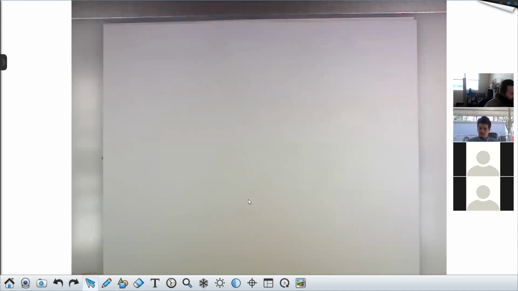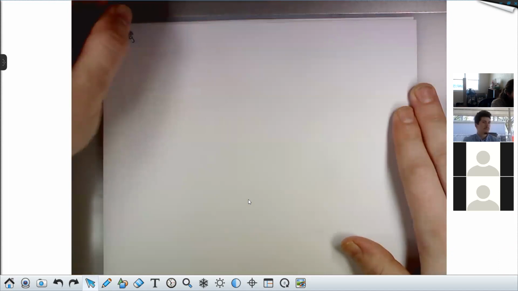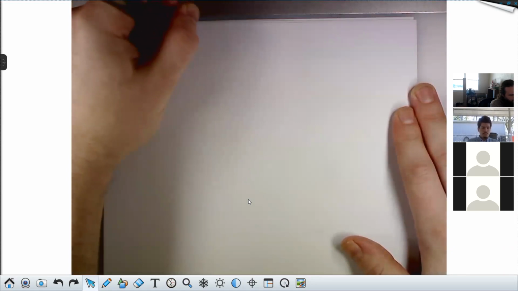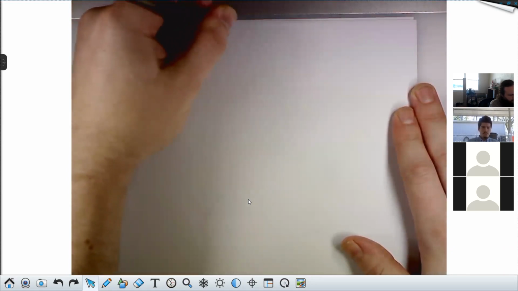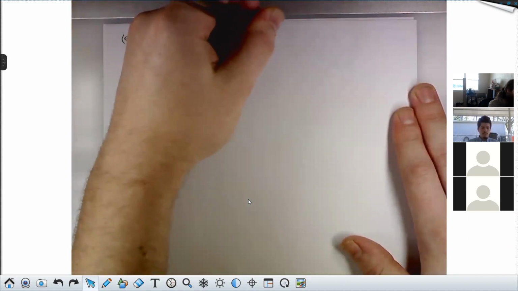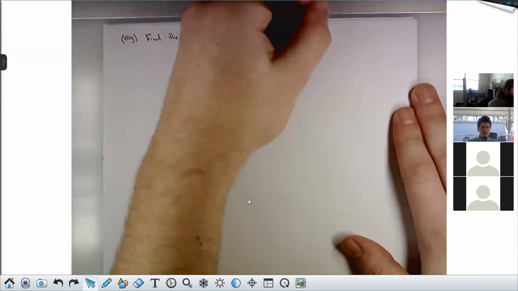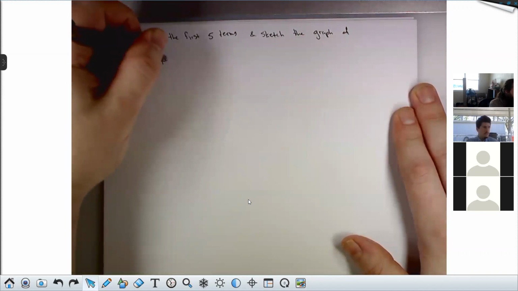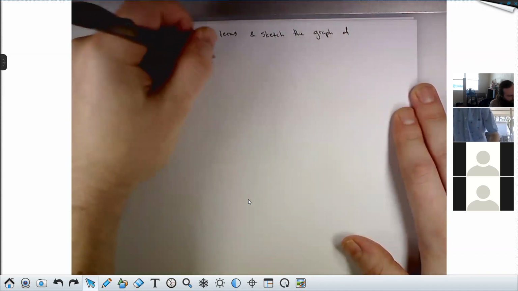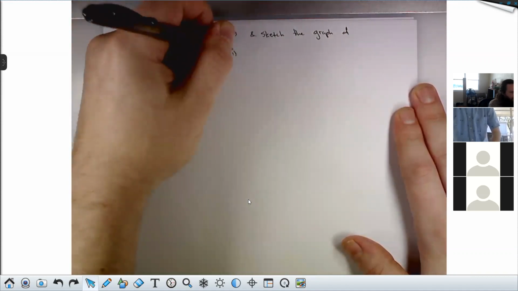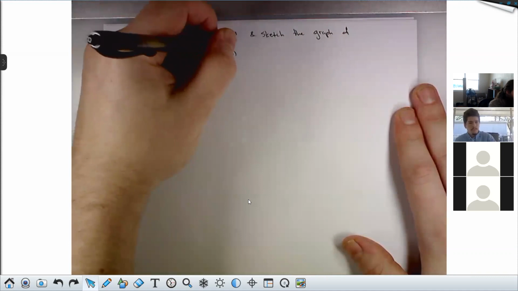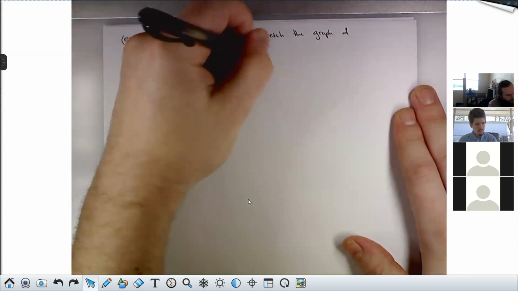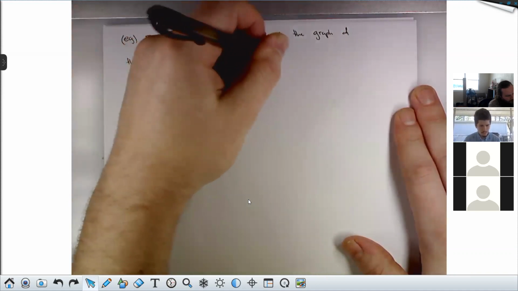So let's find the first few terms and sketch the graph of the sequence a_n equals (-1) to the n plus 1 over n, where n is greater than or equal to 1.